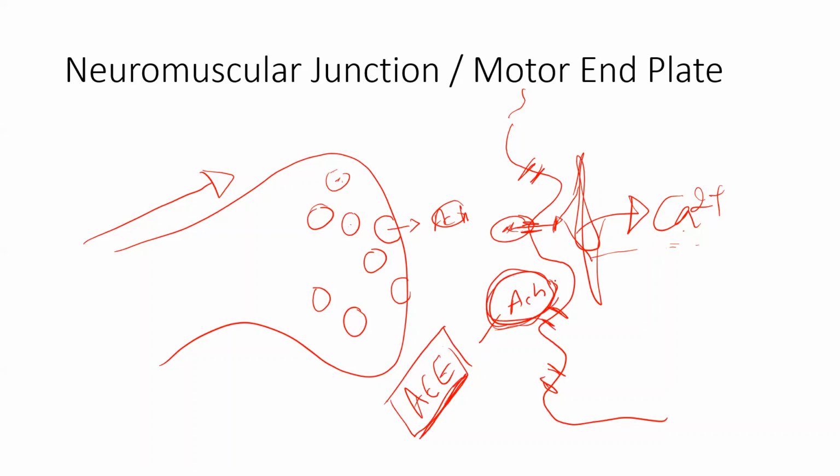It quickly breaks down these acetylcholine molecules. So it prevents continuous contraction, right? So then the broken down acetylcholine is returned to the presynaptic surface and taken up again by the axon terminal.